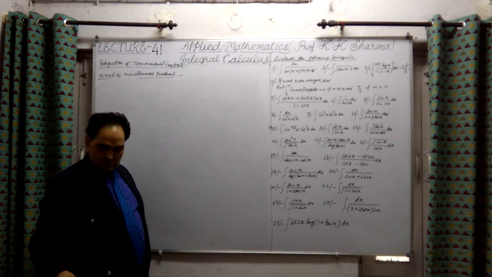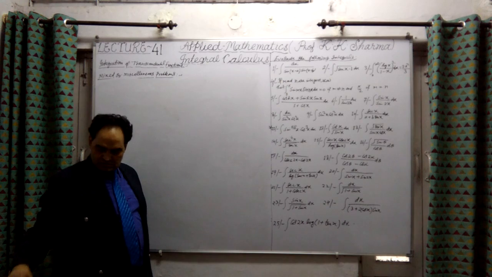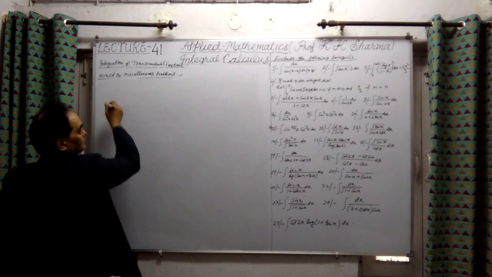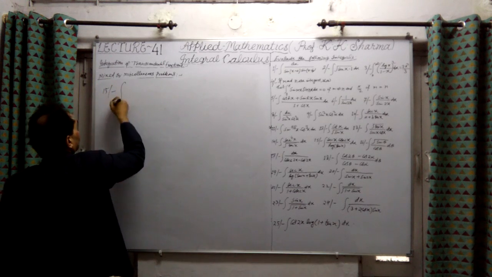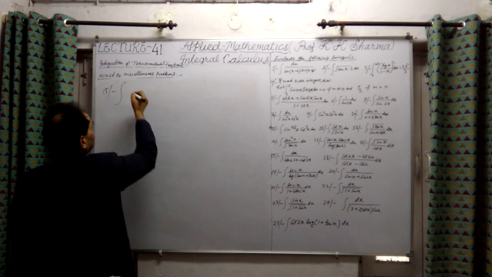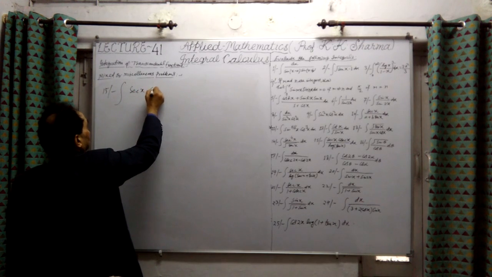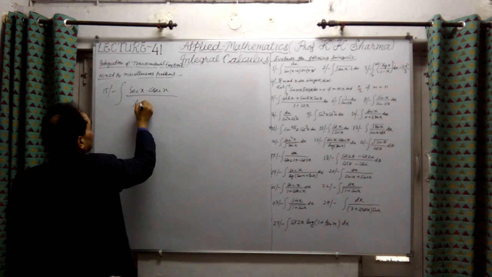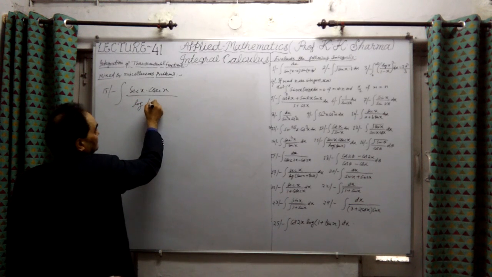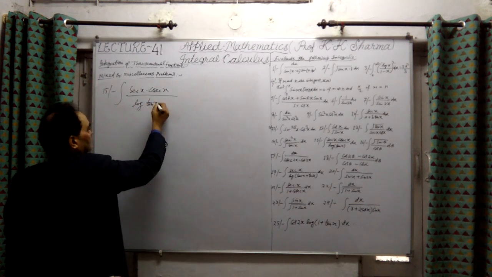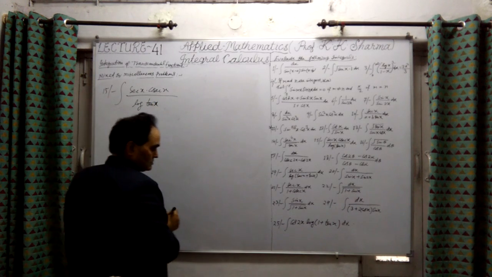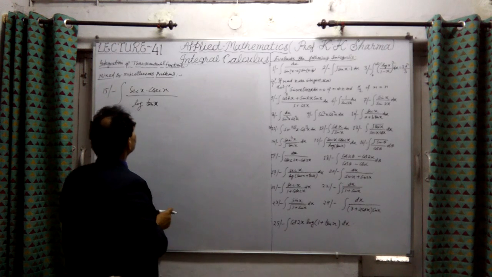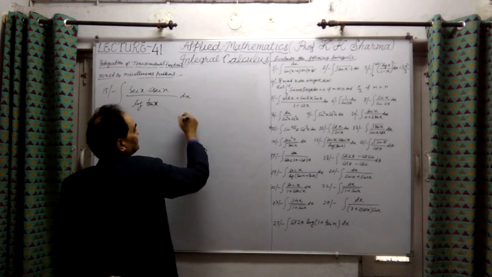Question number 15 is the integral of sec x into cosec x upon log of tan x, dx.